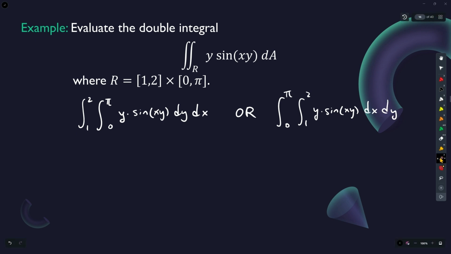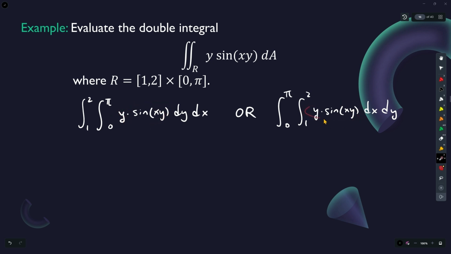And you see, if I have to do this integral with respect to y of y times sine of xy, that is an integral that I'm going to have to solve using integration by parts, and I don't want to do that if I can avoid it.